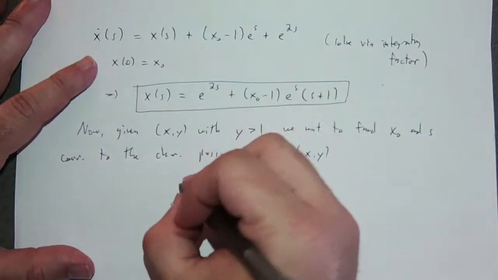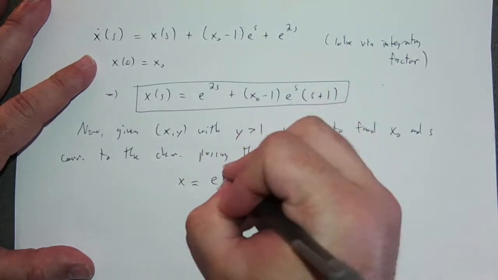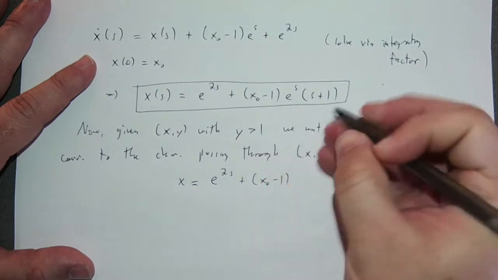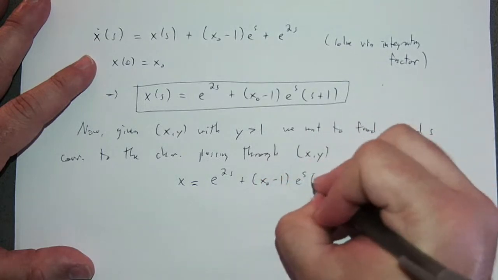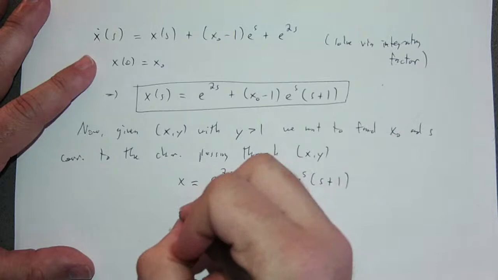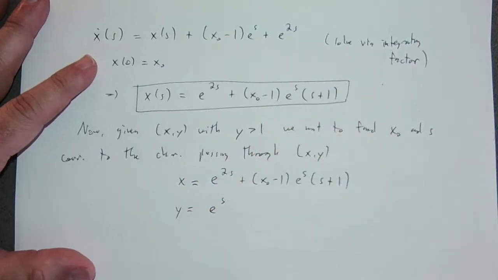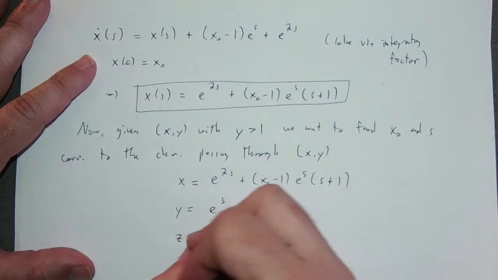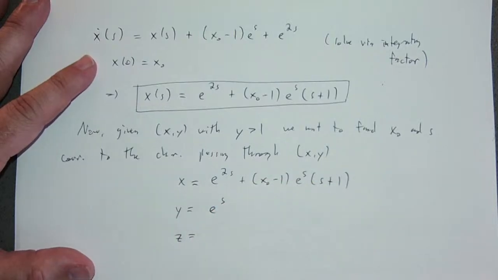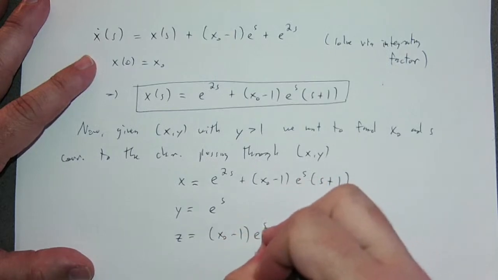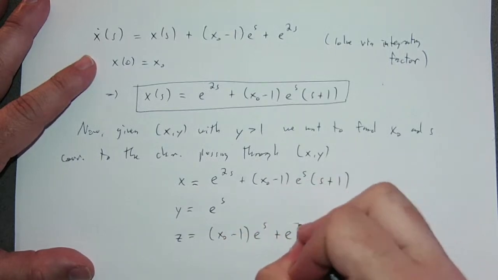So our equation for x is e to the 2s plus x naught minus 1 e to the s times s plus 1. y is e to the s. I think I can sense where we're going to start here. And z is x naught minus 1 e to the s plus e to the 2s.